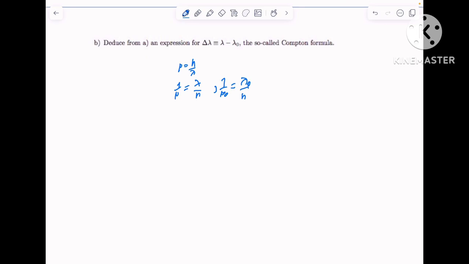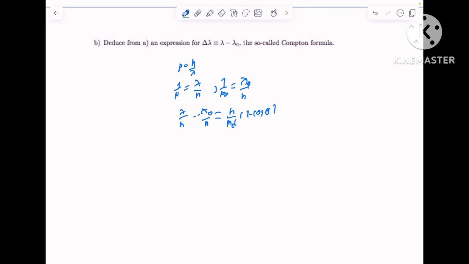So we got the equation that lambda over h minus lambda 0 over h equals h over m_e c times 1 minus cos theta.